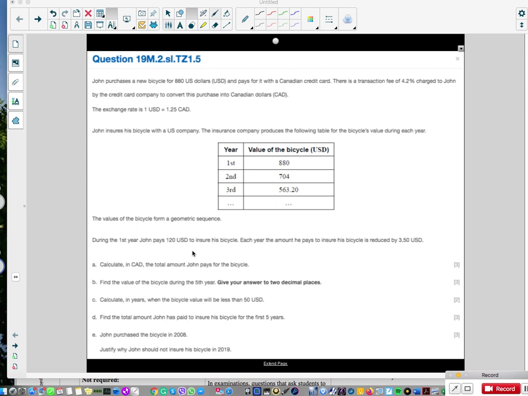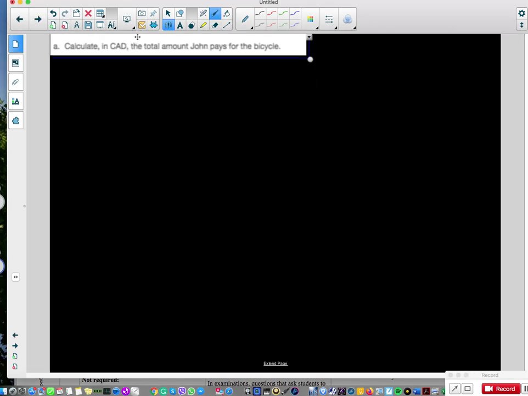So the first question is we're going to calculate the total cost. So calculating in CAD the total amount John pays for the bicycle.